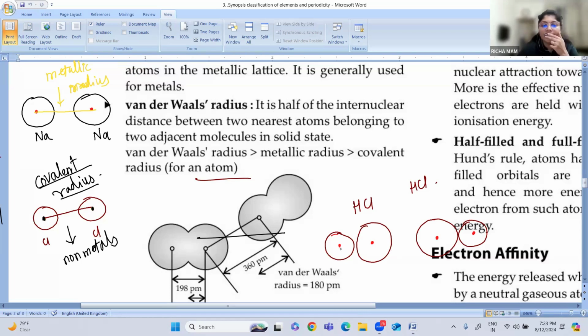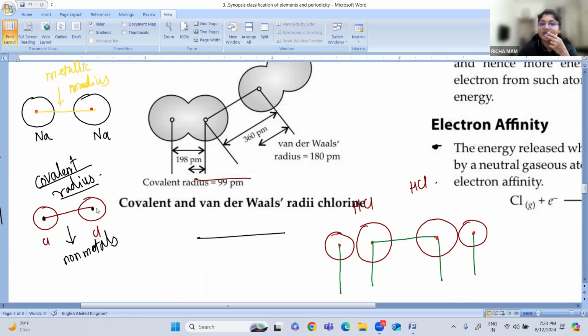Now when I say the van der Waals radius, it is the distance, half the intermolecular distance, between these two. This is called the van der Waals radius.